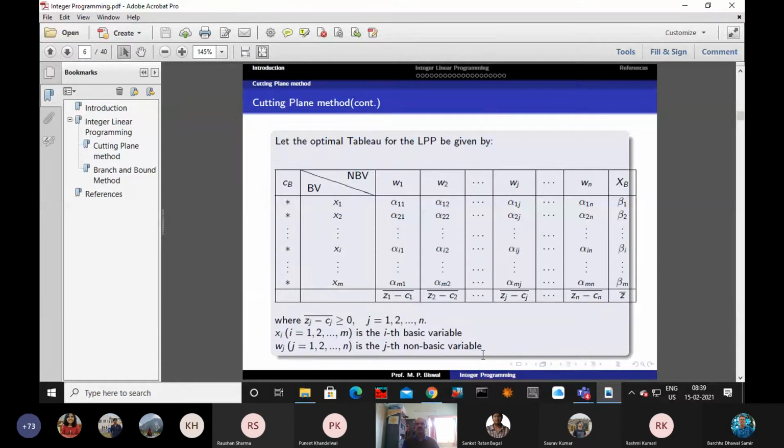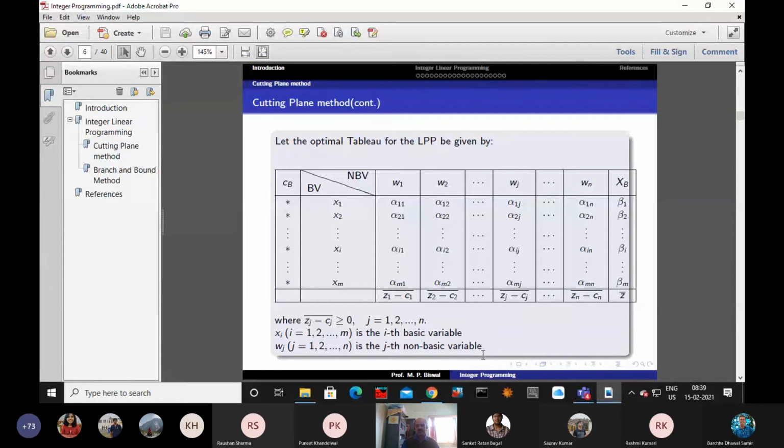Anybody? Non-basic variables are always 0. Basic variable values are given in the right hand side because we are fixing the n non-basic variables at 0, and the rest are the basic variables. We are solving the linear system.